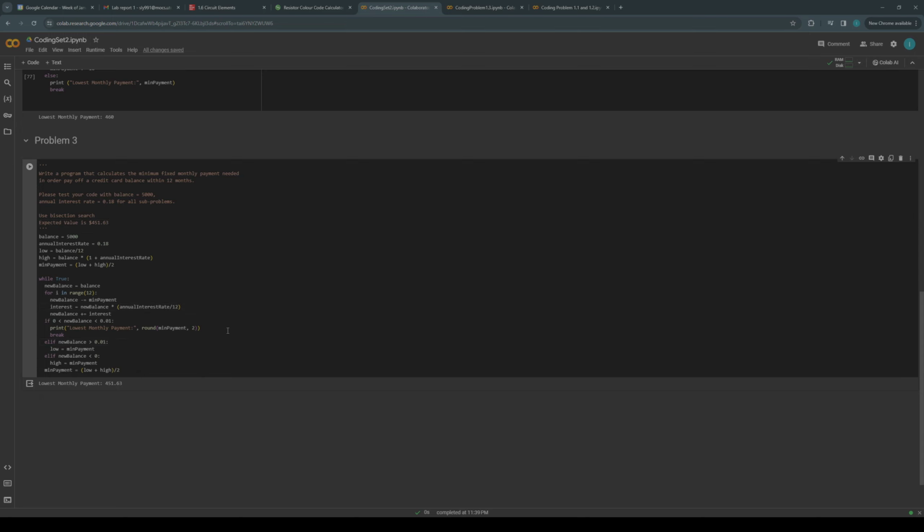Admittedly, I definitely did watch the provided material on Canvas for some tips as to where to go with this. And I believe I remember it being less than or equal to 0.01.